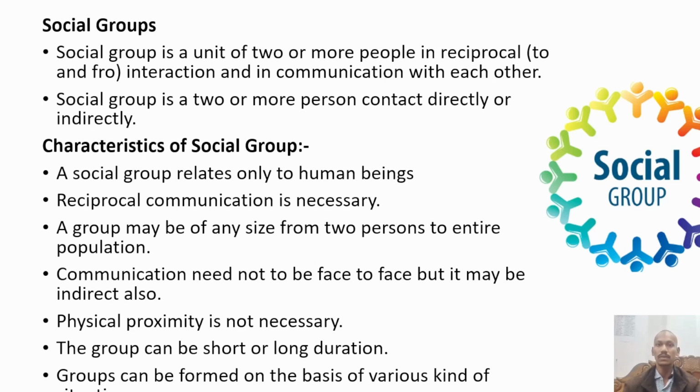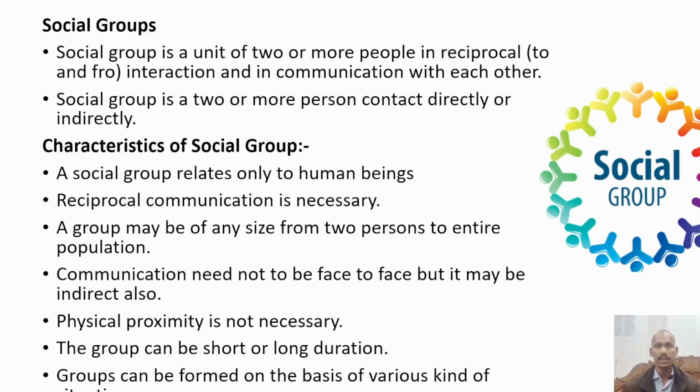Then physical proximity is not always necessary. Now what is meant by proximity? Proximity means physical presence of things together. If two bodies are near, if I am standing near my friend, we can say there is physical proximity between them.